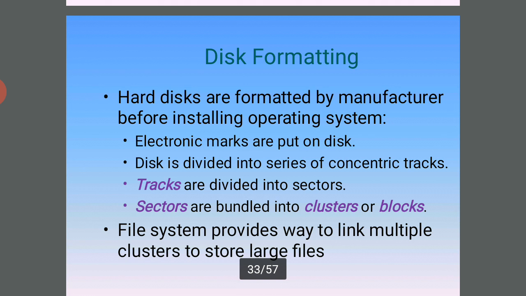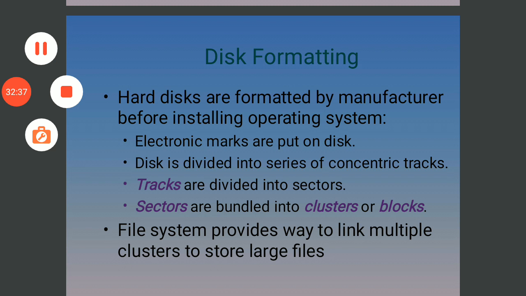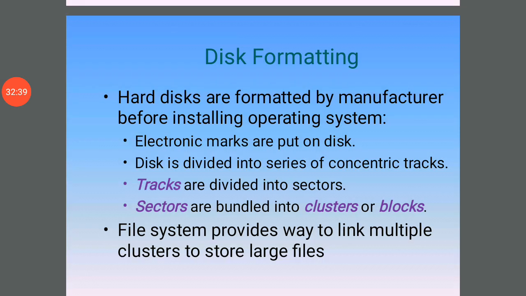And the disk formatting. So what is formatting? Hard disks are either formatted by the manufacturer before installing the operating system, and electronic marks are put on the disk. So the disk is divided into serial concentric tracks.